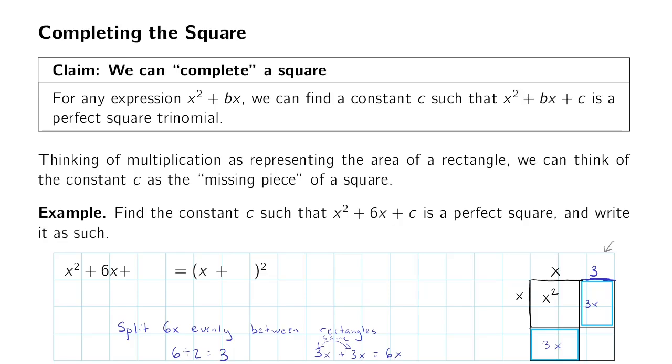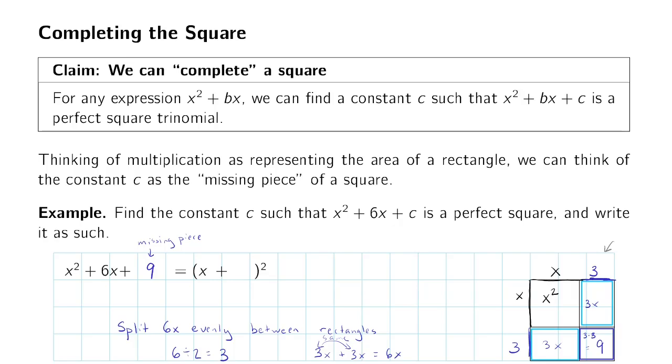This rectangle is also 3 on this side, which means that the extra little square in the bottom right corner down here is 3 on each side. So its area is 3 times 3 equals 9. The little missing piece that I need to add in order to fill in the square is 9.